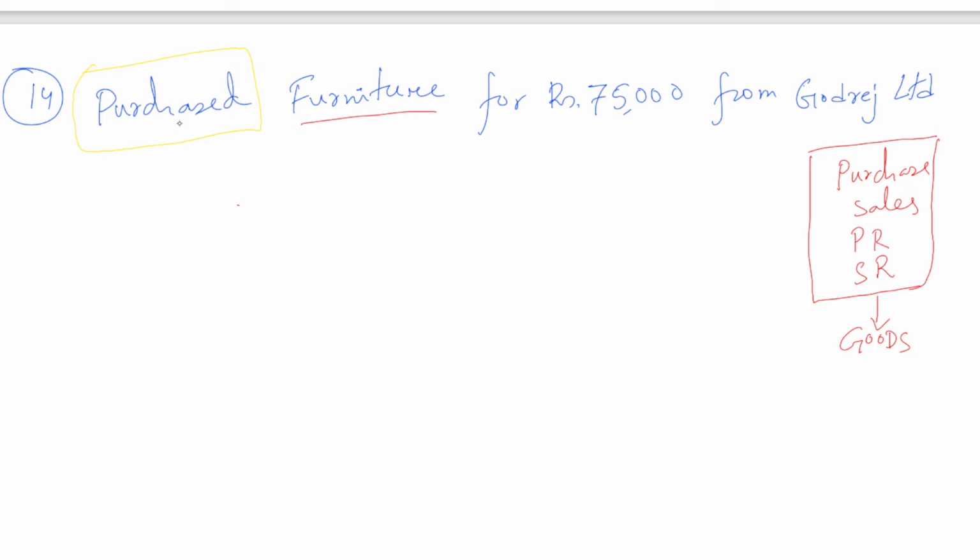Here, are we purchasing goods or furniture? In this question, it is goods or furniture, meaning it is an asset or goods.